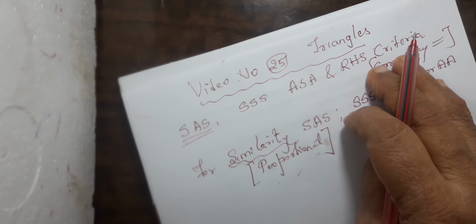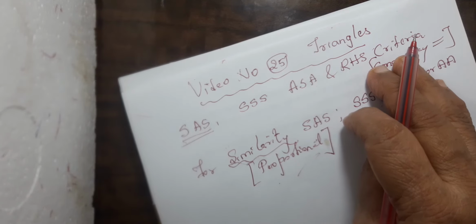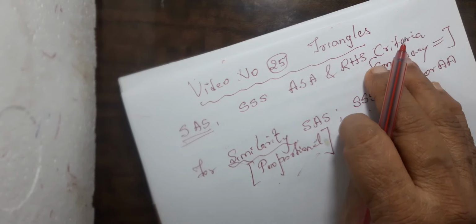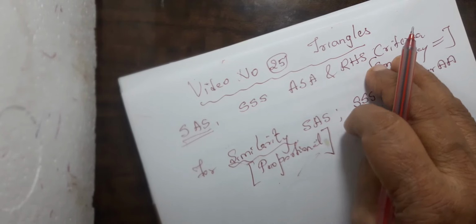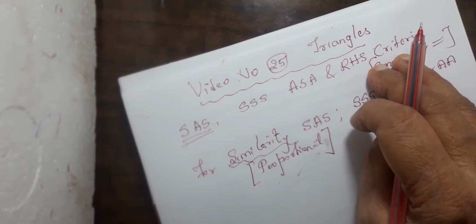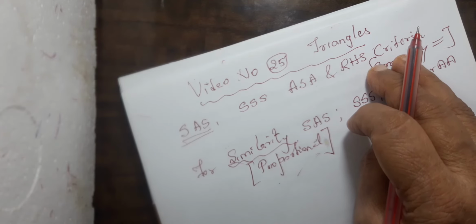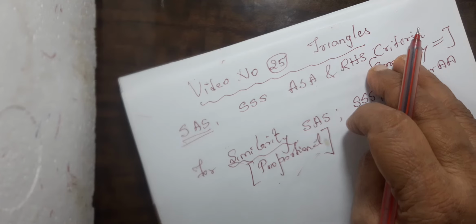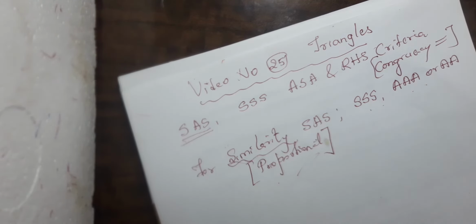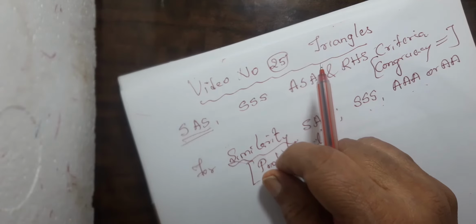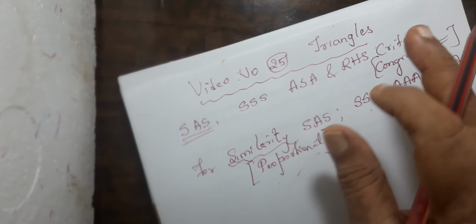If it follows one rule, the second rule will be there. If it follows the second rule, the first rule will be there. So that thing you have to remember in the case of similarity of triangles. In polygons, it is not so. Of course, you may say a triangle also is a polygon, but even then, in the case of triangles, this speciality is there.